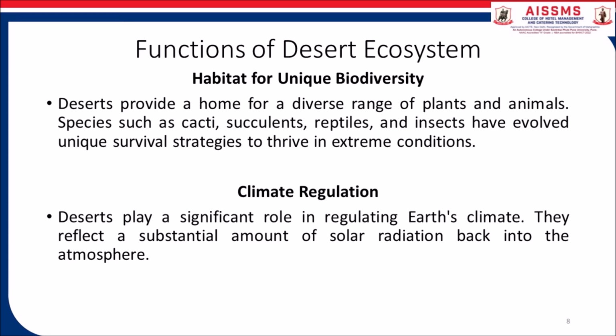Next, climate regulation. Deserts play a significant role in regulating Earth's climate. They reflect a substantial amount of solar radiation back into the atmosphere, which influences global temperature patterns and atmospheric circulation.